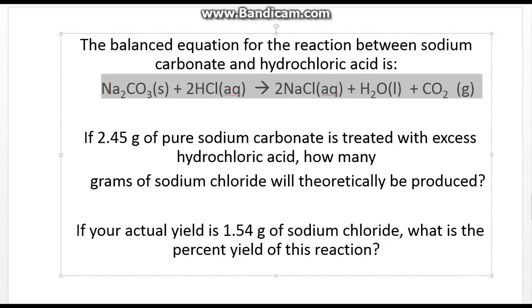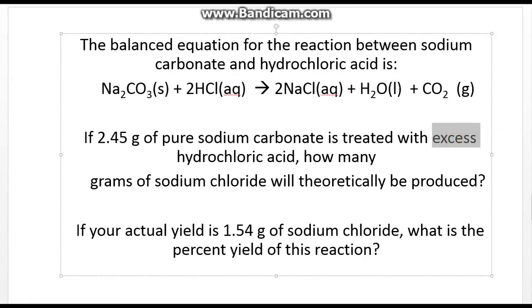So if 2.45 grams of pure sodium carbonate is treated with excess hydrochloric acid, and whenever you see the word excess, that means it is not going to be your limiting reactant. Since we are treating it with excess hydrochloric acid, that tells us that the sodium carbonate is going to be our limiting reactant. It asks how many grams of sodium chloride will theoretically be produced.